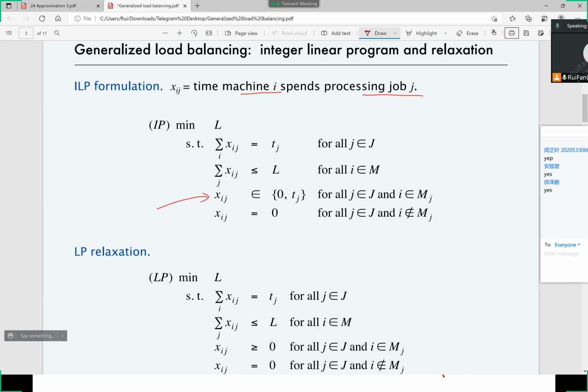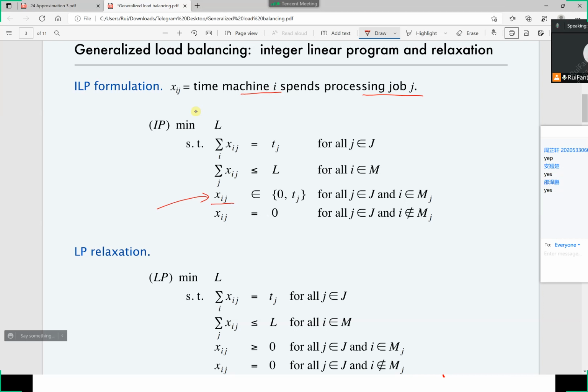You can't give half the job to one processor and half of it to some other processor. So to capture this fact, what we require is that Xij is either going to be 0 or Tj, for any i and j.